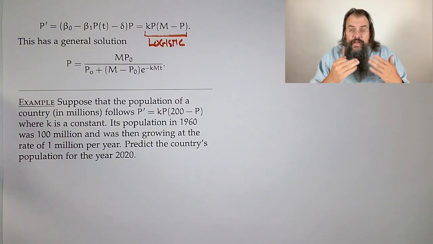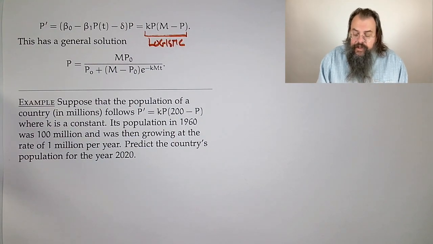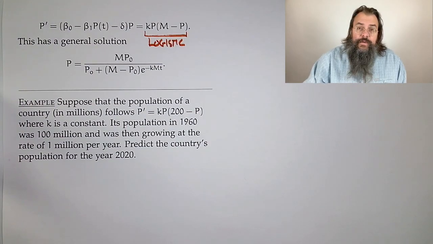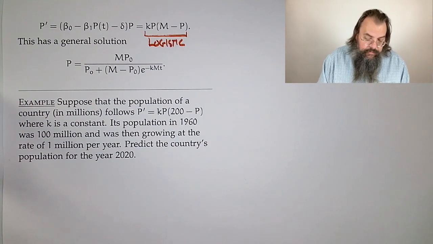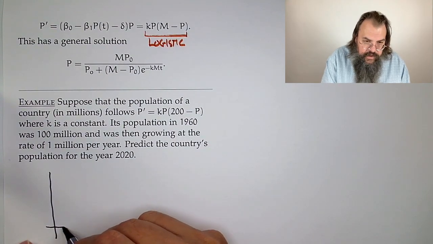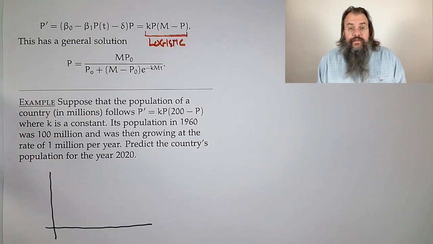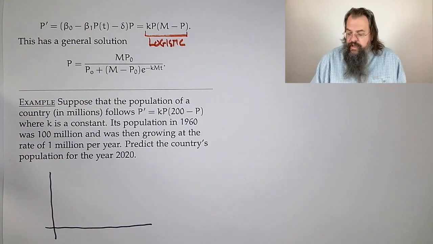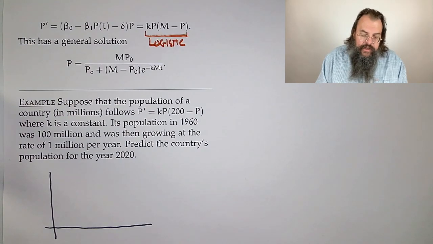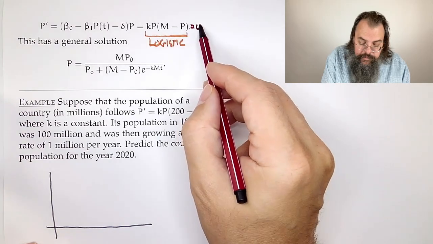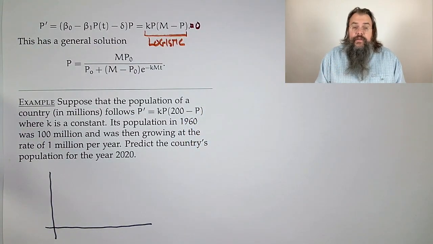Now, the intuition about what's going on with this, and I think it's good to talk about the intuition, is suppose we were to graph what's happening. We can see that there are two very easy solutions, in the sense that they're trivial. You take your differential equation and set it equal to 0 and ask, are there any solutions?